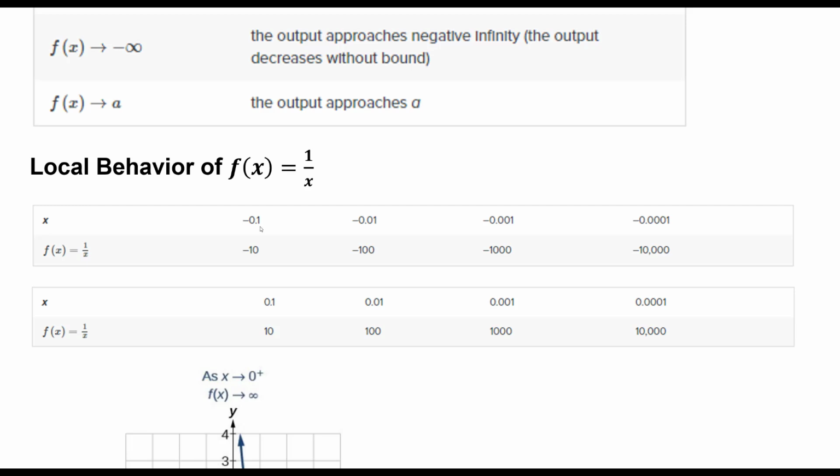So 1 over negative 0.1 is negative 10, 1 over negative 0.01 is negative 100, and so on, you get negative 1,000 and negative 10,000. Likewise, as x becomes 0.1, 1 over 0.1 is 10, 1 over 0.01 is 100, 1 over 0.001 is 1,000, and 1 over 0.0001 is 10,000.